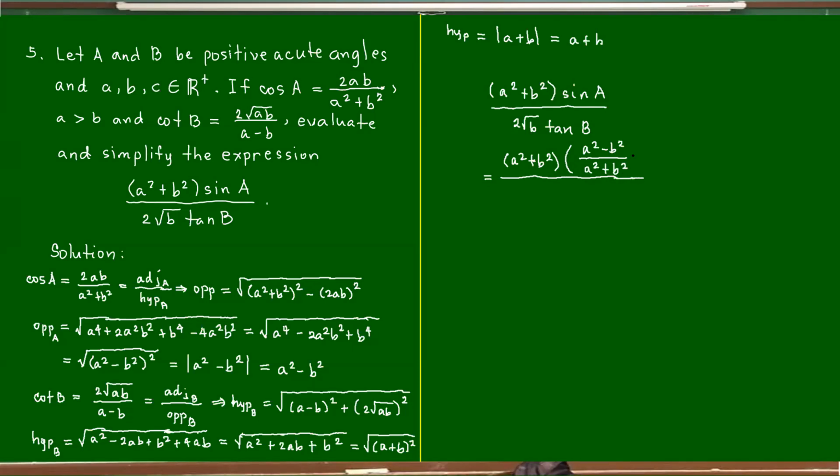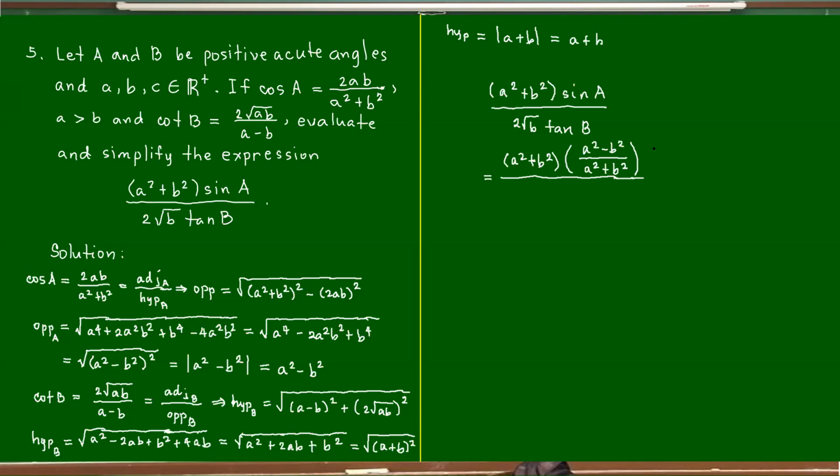Am I correct? Sir, it says A plus B po sa taas. The hypotenuse, the first line on the right.